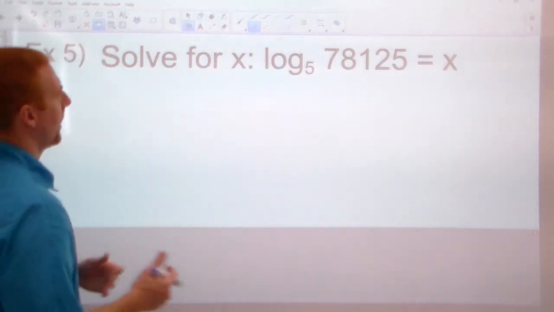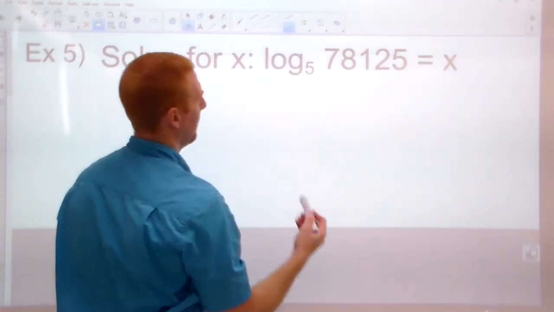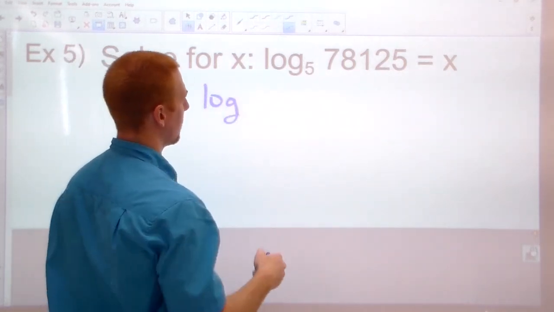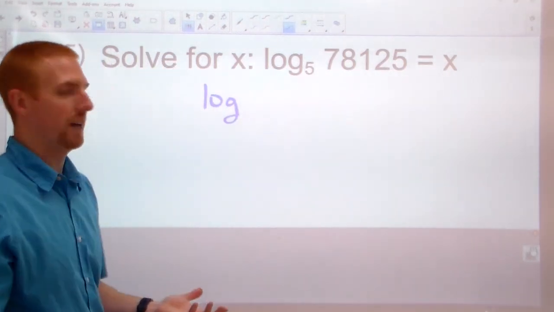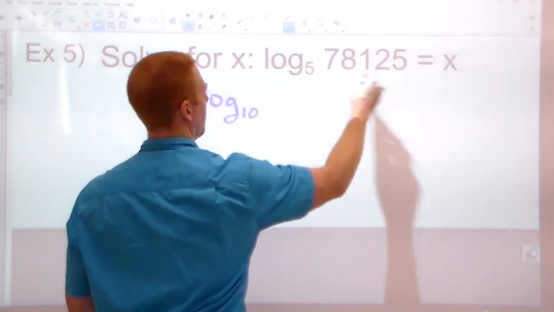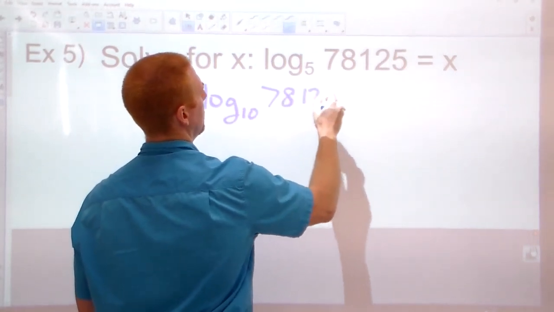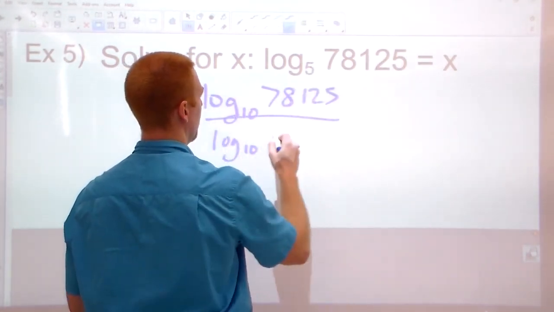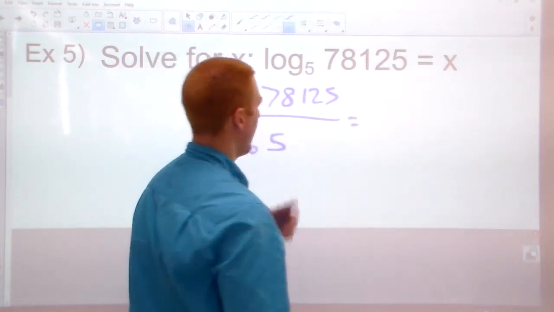So let me show you where the change of base formula comes in handy here. What I can do is take log base whatever, and base 10 is probably the easiest thing to do here. So log base 10 of the result divided by log base 10 of the original base, and that'll give me my result.